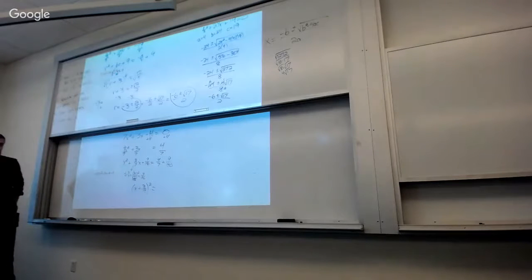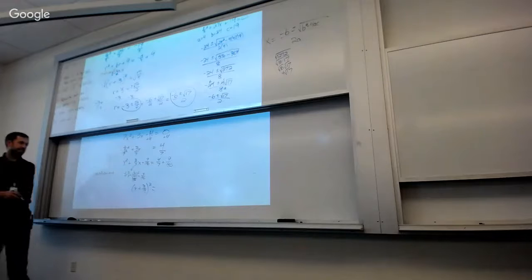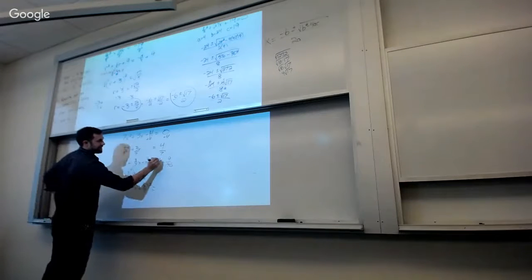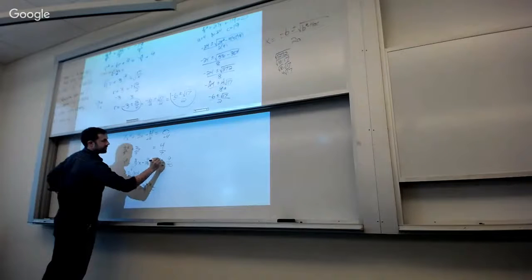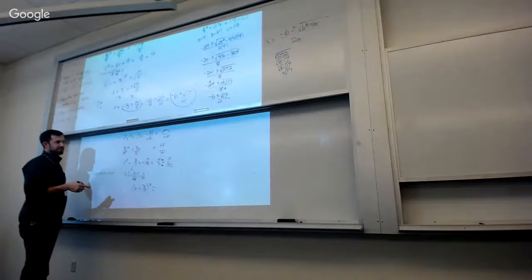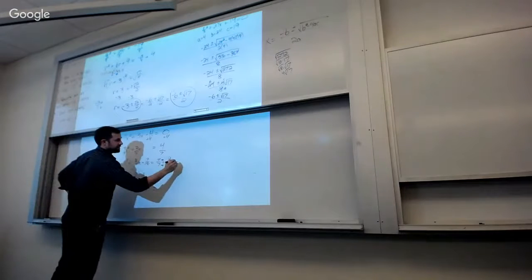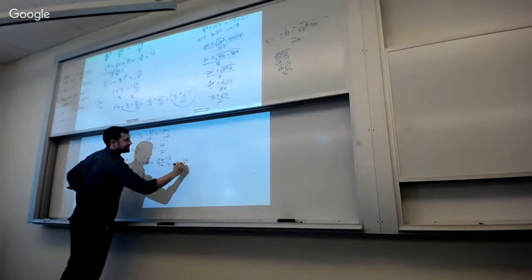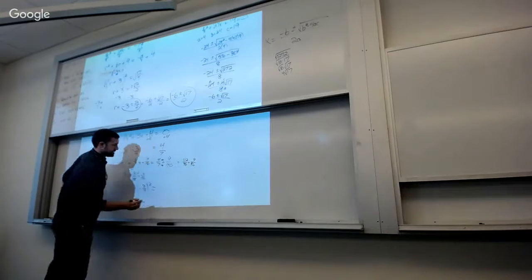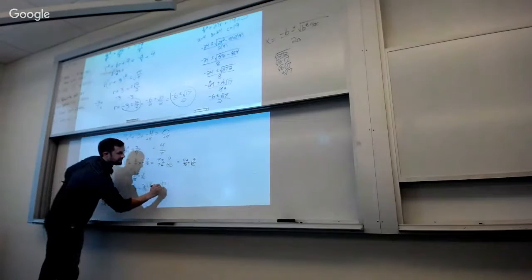What do you have to multiply by 7 to get that? I think it's 28 on top and bottom.